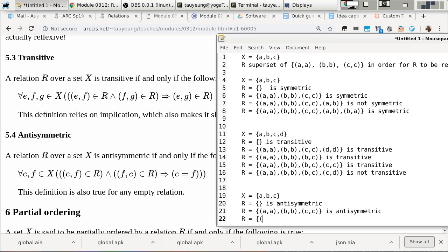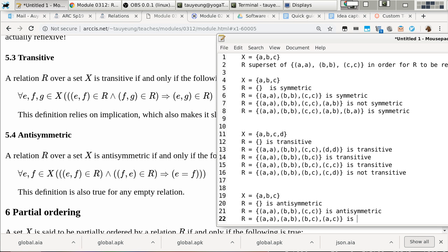What about this? We got AA, we got AB, and then we got BC. And we also got AC. Okay. So what is this? This is not reflexive, right? It's not reflexive because BB is missing. CC is also missing. It is not reflexive. It is not symmetric because BA is missing. CB is also missing.